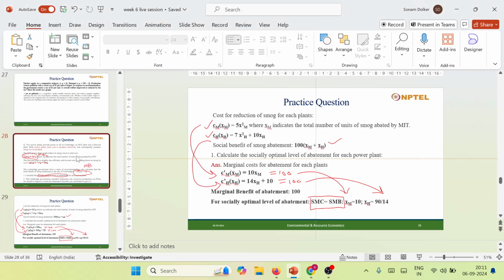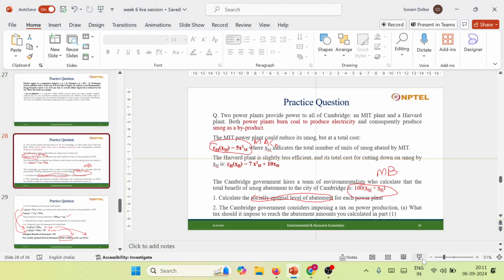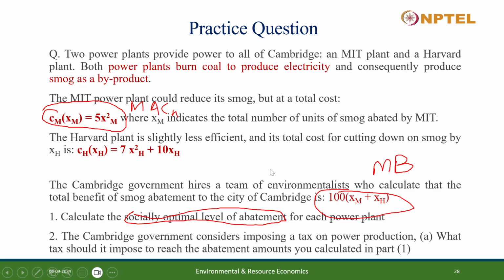So I'll conclude one more time. There are two power plants in a city called Cambridge. The first power plant is at MIT and the second is at Harvard. Both the power plants are coal-based, and these two power plants have different marginal abatement costs, right?